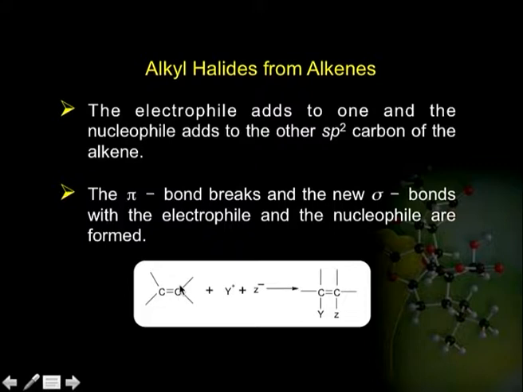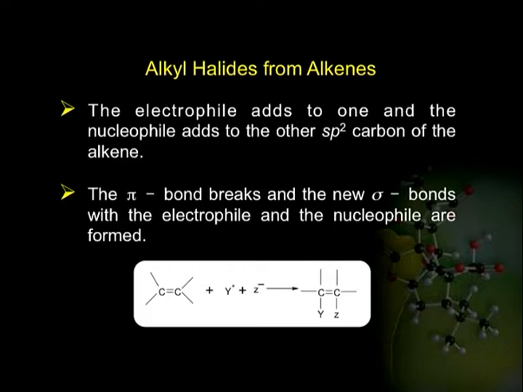So, we have an alkene, a double bond here, and it reacts with the hydrogen halide, where there are two parts of the reactant. That is, we have a plus part that is electrophilic in nature, and we have a negative ion or the negative part of that molecule which acts as a nucleophile.